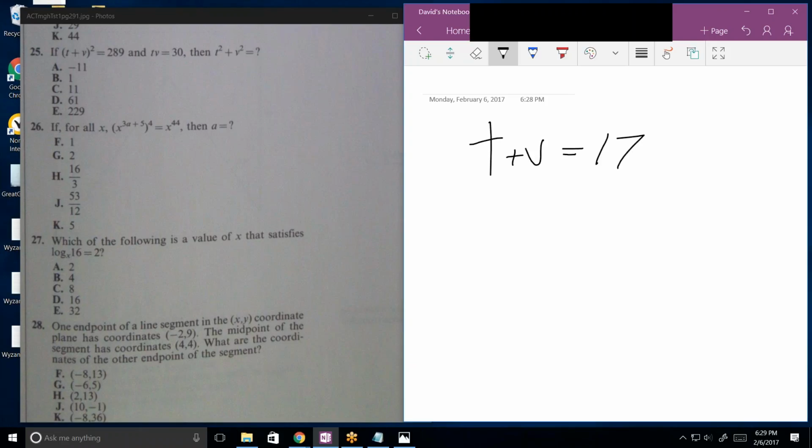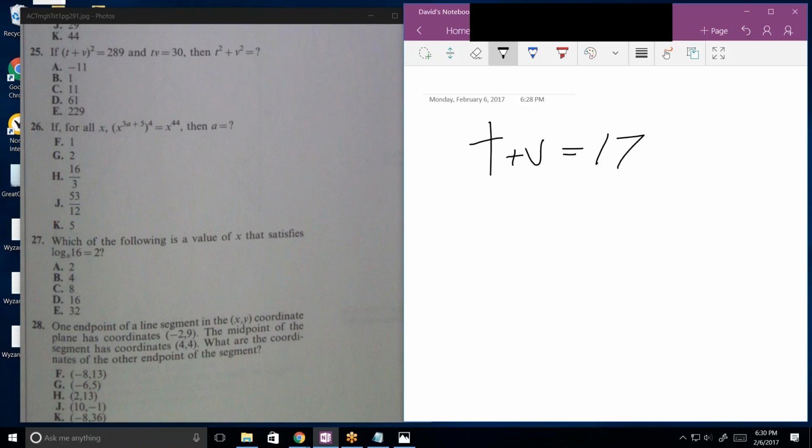So if I do 15 squared equals 225, and 2 squared equals 4, so it's 229.